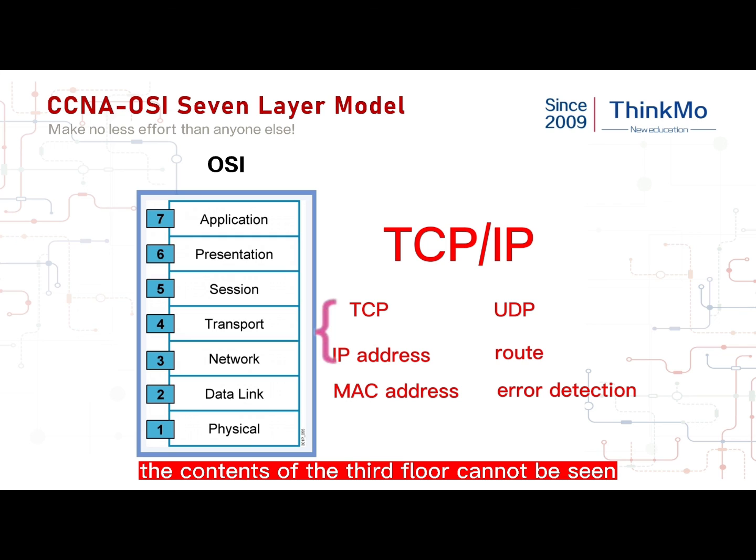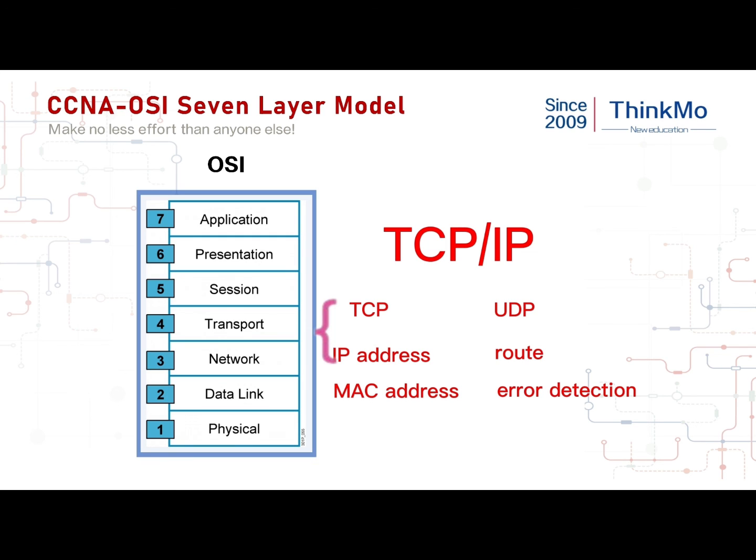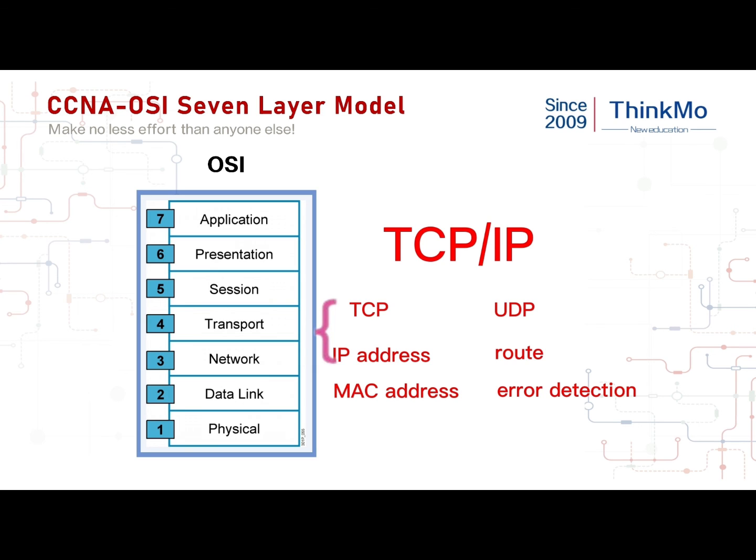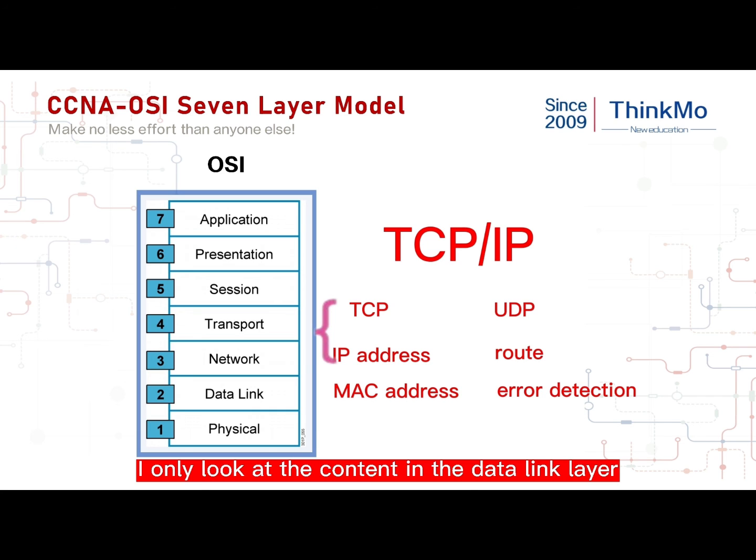The contents of the 3rd layer cannot be seen, that is, the IPs in this data, including addressing and forwarding, and the protocol used by the 4th layer, the transport layer. I don't see any of these. I only look at the content in the data link layer.